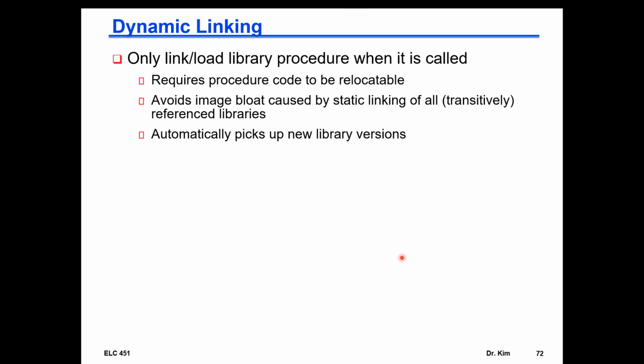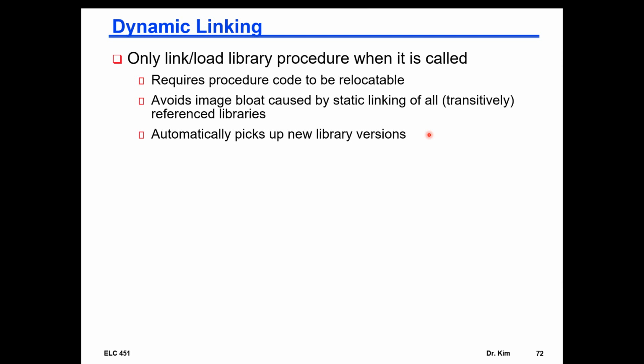So essentially that requires that the code be relocatable, which all code is, if it's running on a sophisticated operating system like Windows. And the other benefit is this one: let's say that the library got updated. Well, you don't have to recompile and relink your code, because the library gets updated independently of your application.